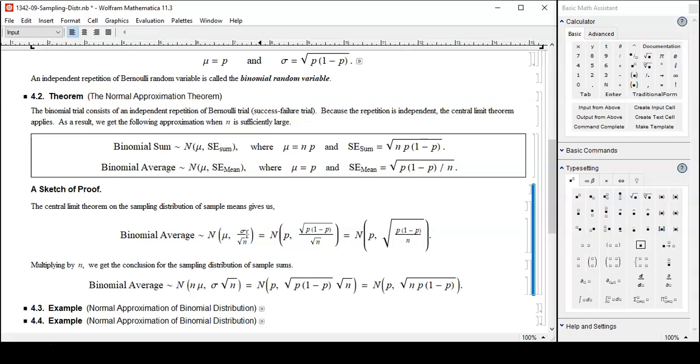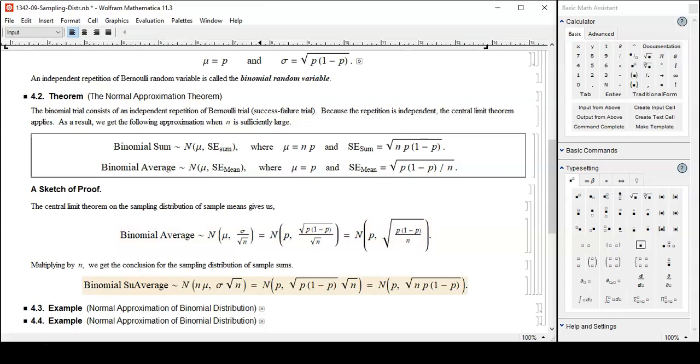You see, sigma over square root of n, that's the central limit theorem, isn't it? Sigma is square root of p(1 minus p), and divide by square root of n. Simplify, we get division by n inside of the square root, and that is the standard error formula for sampling distribution for sample mean. And by the way, if I multiply by n, then we get, not binomial average, binomial sum.